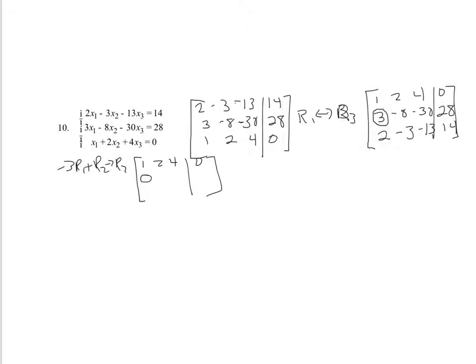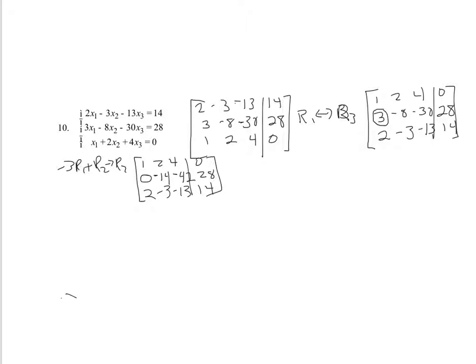Okay? -3 times 2 is a -6. -6 plus -8 is a -14. And then -3 times 4 is a -12. -12 plus -30 is a -42. All right, -3 times 0 is 0, and 0 plus 28 is 28. And then we will have 2, -3, -13, 14 for row 3.